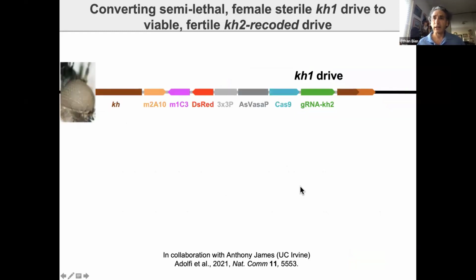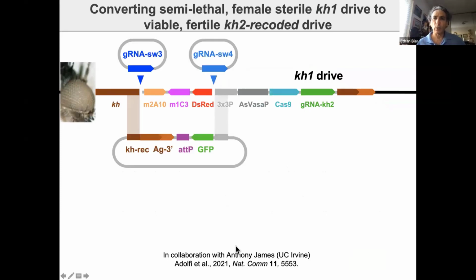And so Valentino Gantz, the person who designed these drives in my lab, came up with a swap construct that has two guide RNAs that are injected together with a construct that has a recoded version of the KH and a GFP gene in here that we can swap for red. So you go from green to red.